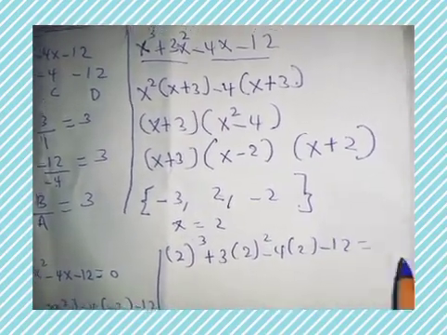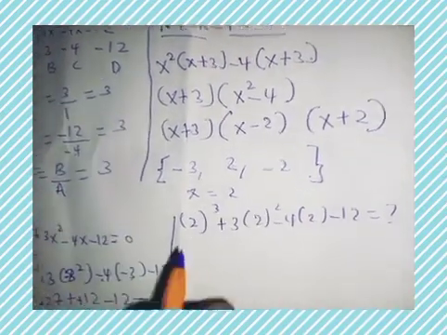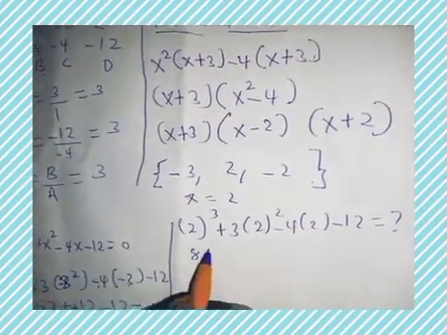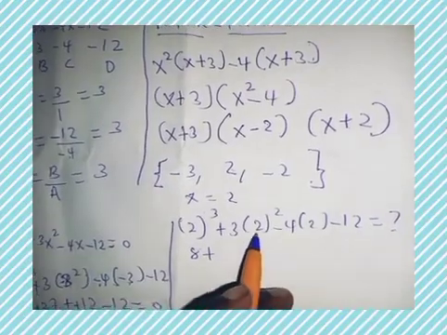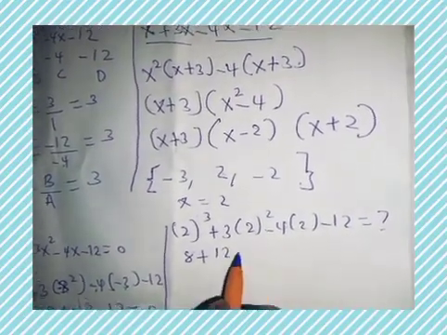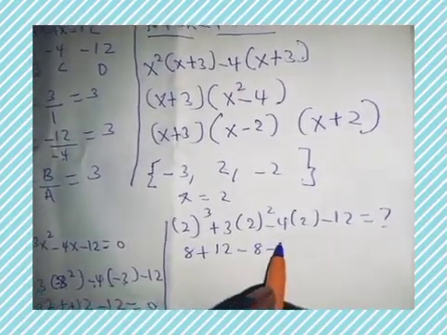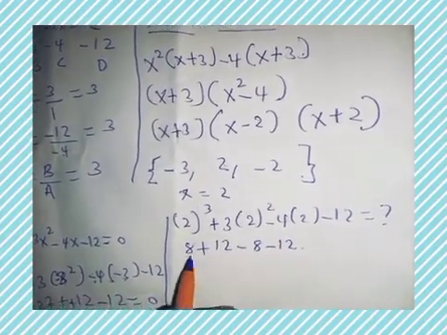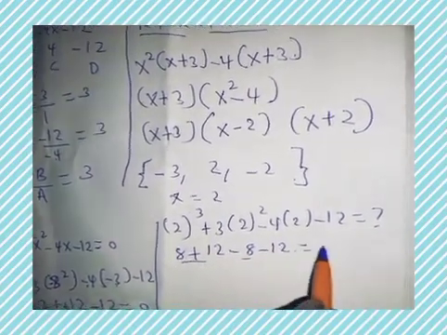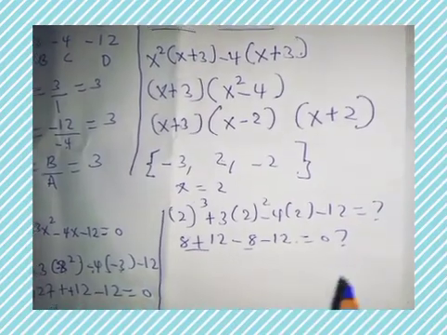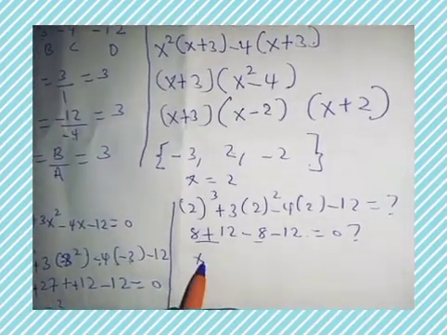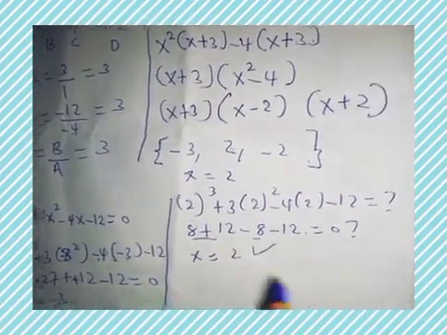This one should give you 0 if your answer is correct. This is 8 plus 12, minus 8, minus 12. So you can see this is 20 and this is 20, which is equal to 0, meaning that now our answer x is equal to 2 is correct.